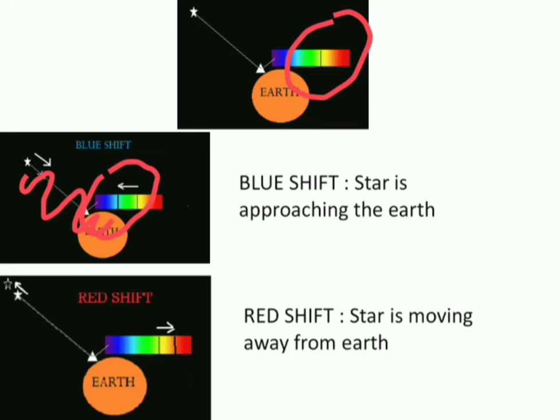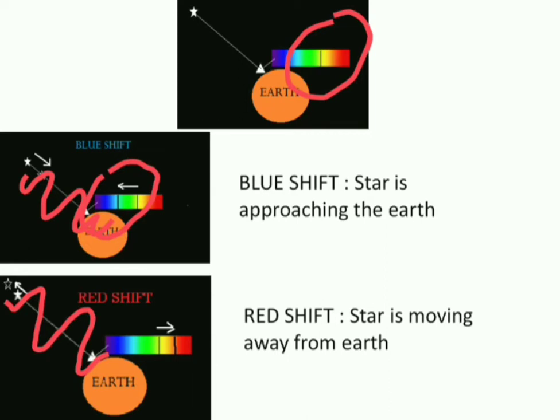Then come to red shift. This is the opposite case. We expect on an average the wavelength should be around yellow color. But instead, if the wavelength shifts towards red colors, that means higher wavelengths, we call the shift red shift. Red shift implies an increase in wavelength.